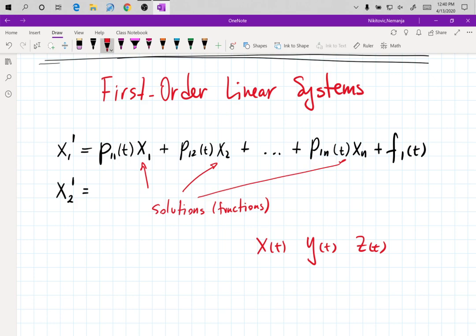Now they're x1, x2, x3, x4, because with these linear systems, you can have a 100 by 100 or 100 by 7, whatever. You can create the system of whatever amount of variables. Obviously, for classroom, exams and homework, we are not going to have 100 unknown functions. That's why we can use x of t and y of t, and when we want to be extra annoying, we say z of t as well, and then you have 3 of them.